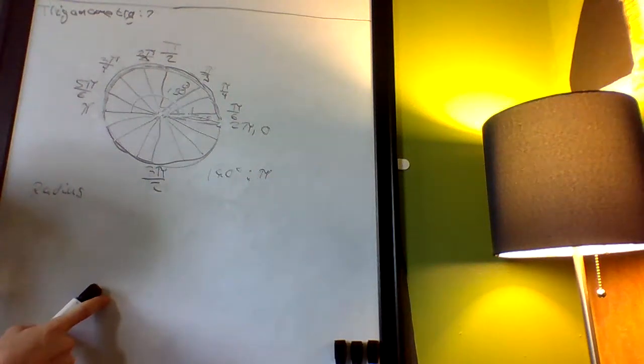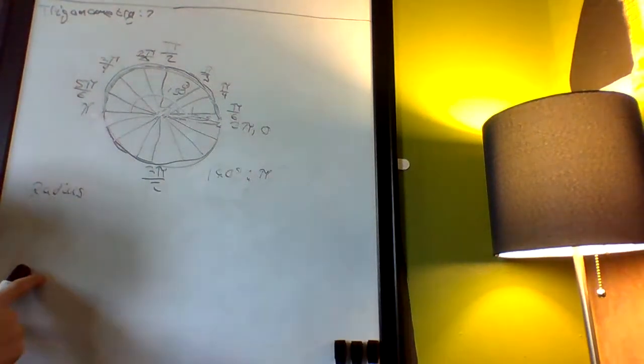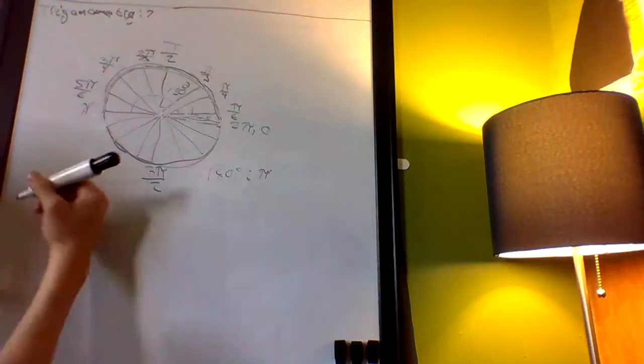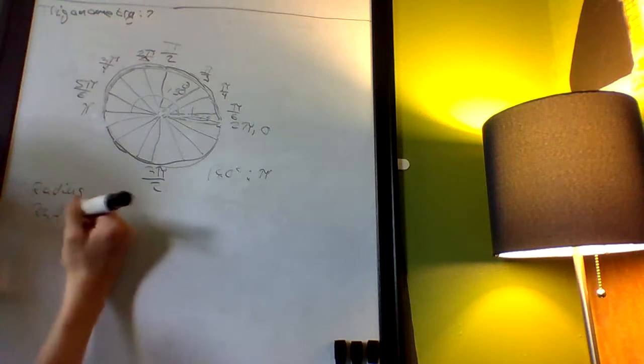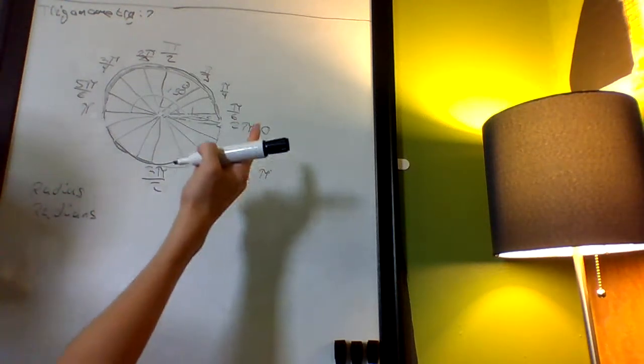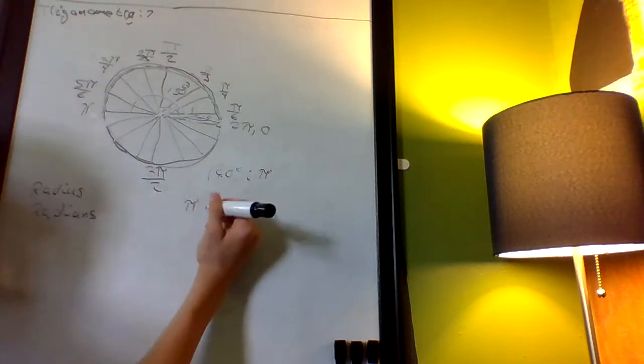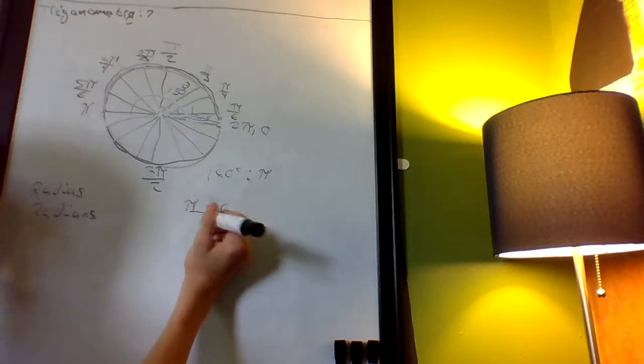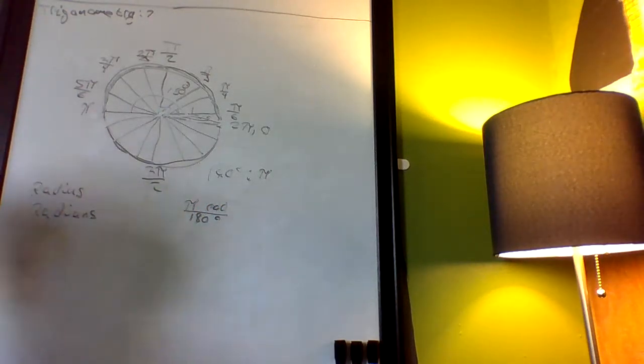Understand? So how about we call these radians? So for every pi radians over 180, there are 180 degrees. This is the ratio of radians to degrees. And radians are very important, and we'll see that in a future video.